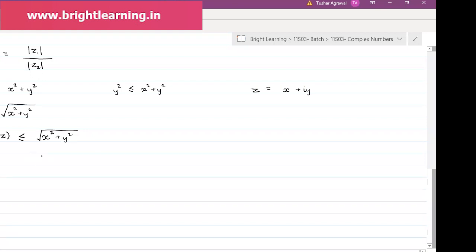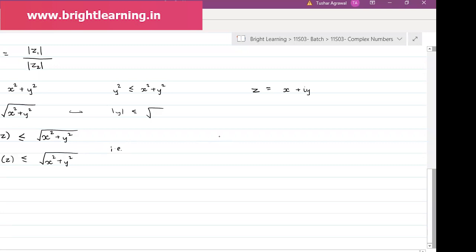Similarly, the argument that we did for here, the same argument I can do for here also: mod y is less than or equal to the square root of x square plus y square. So the second thing I can write, mod y, is the imaginary part of z. The imaginary part of z is again between the square root of x square plus y square as maximum, and the same with a negative sign as minimum.